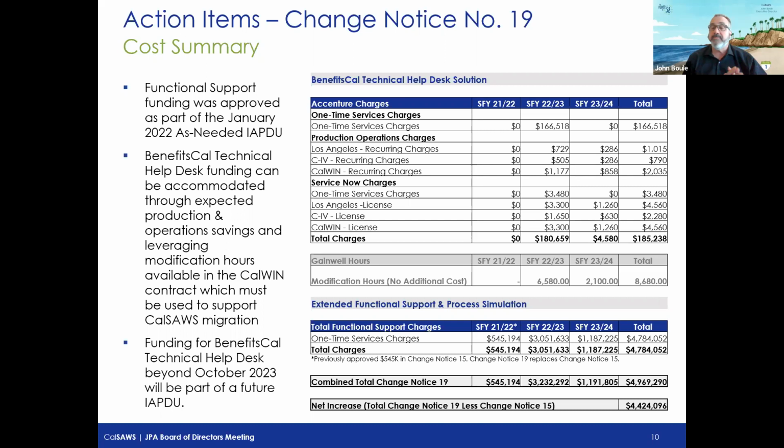Michael, let me walk through a quick example, then have Don take it to connect all the dots. This help desk will not be receiving calls directly from the public. The county will still do that. If the county runs into an issue, where the worker is sitting there saying, I'm not able to link a case, I don't know how to do that, they can do a warm transfer over and have a discussion.